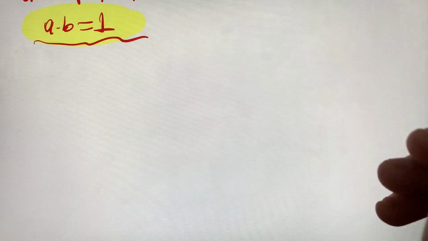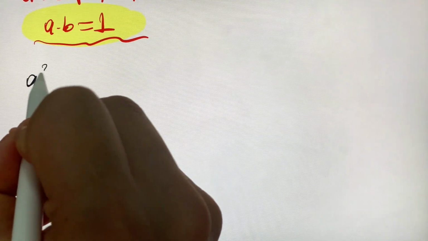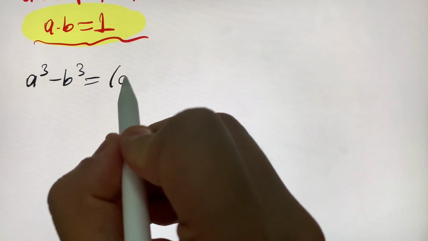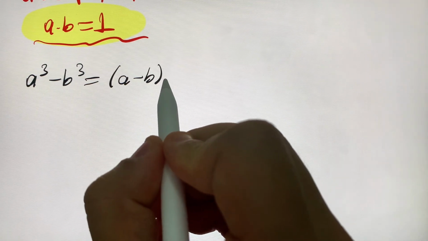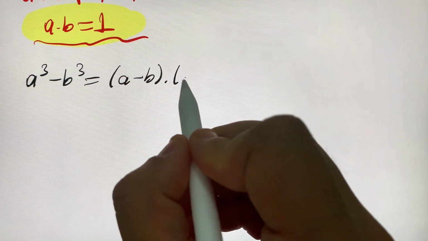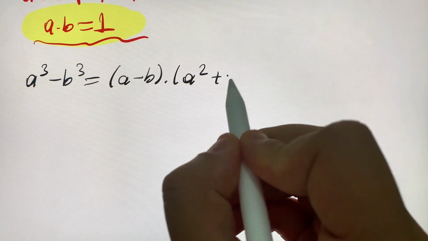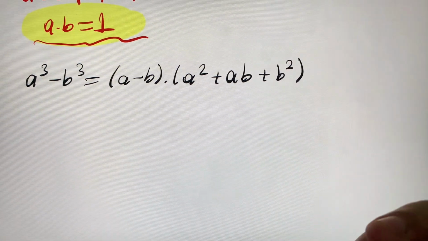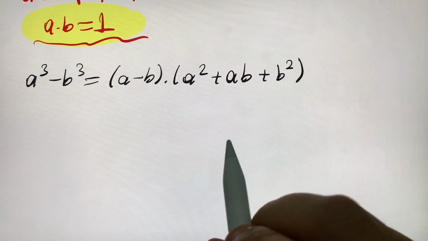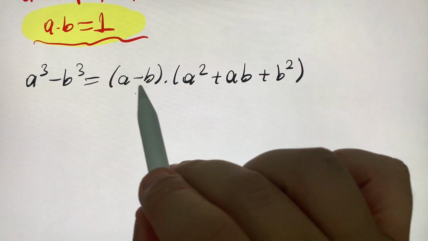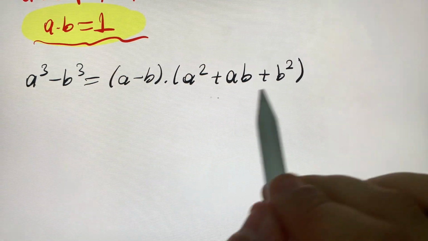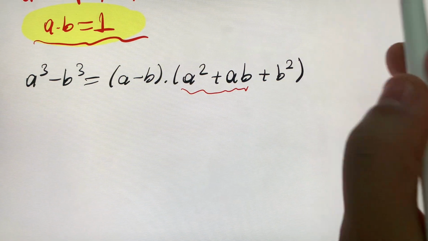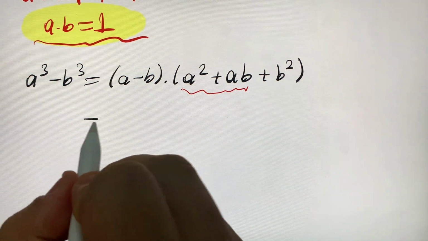Let's remember something. What was the expression we call a cubed minus b cubed? A minus b times, in parentheses, a squared plus a times b plus b squared. Now, look, there's a minus b here. I need a minus b. Then I'll take the expression here and try to convert it to a minus b. What do I mean?